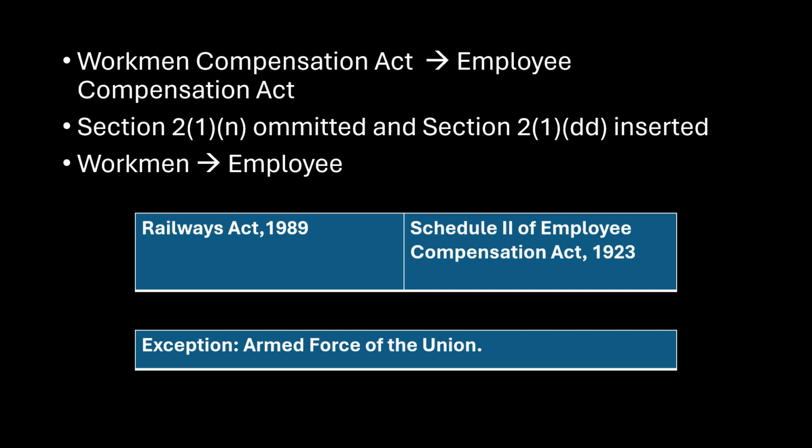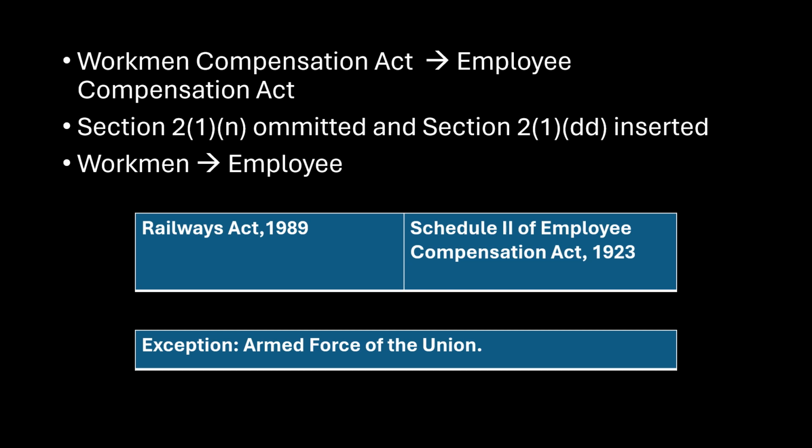Now, Schedule 2 of the Employee Compensation Act 1923 has a long list of duties or categories of people who work in such capacity prescribed in Schedule 2, who will come under the definition of employee.